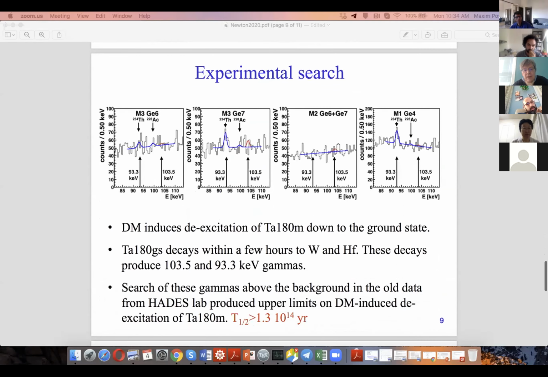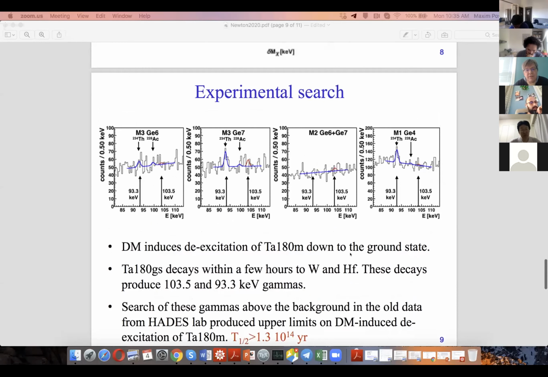So we contacted this group that was investigating the lifetime of tantalum in Kade's lab somewhere in Belgium, I think. At the depth of 300 meters, they were looking for these nuclear mechanisms for decaying from the excited states of 180M tantalum through beta decay and electron capture down to tungsten and hafnium.